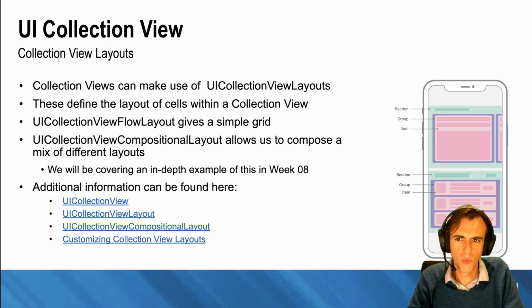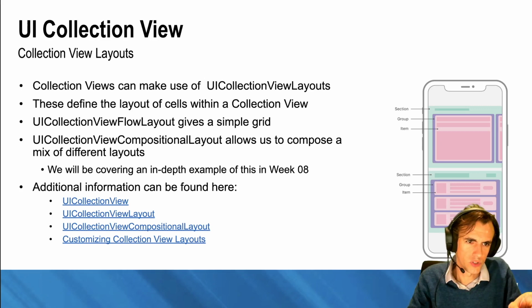So the very simple one with just a series of tiles is what's called a UI collection view flow layout, and you can just make use of that if that's all you want in terms of layout. But more recently, UI collection views have allowed us to create and compose more complicated types of layout together. We'll cover an in-depth example of this in week 8 as well.